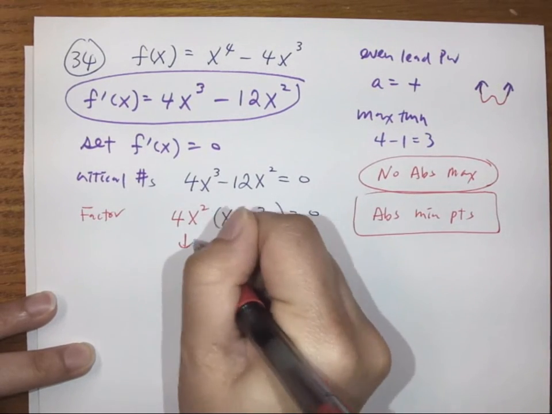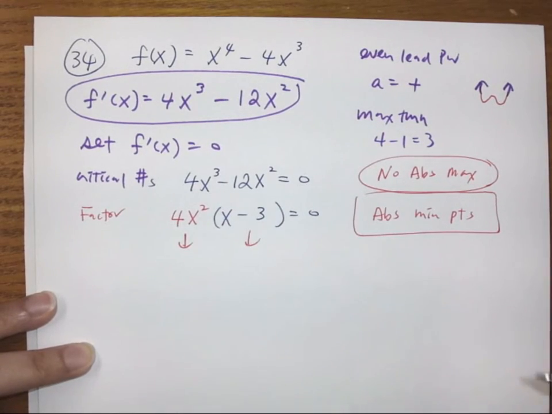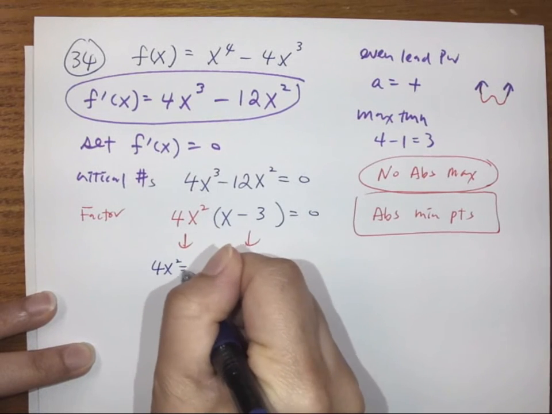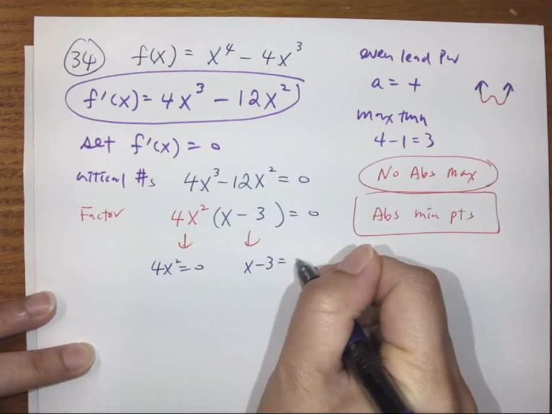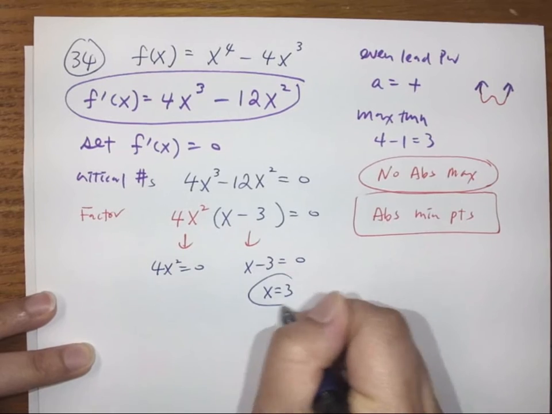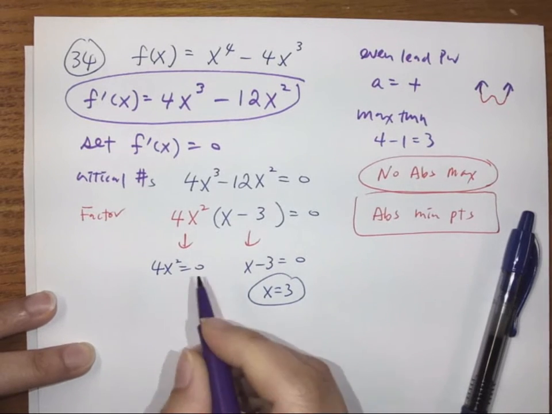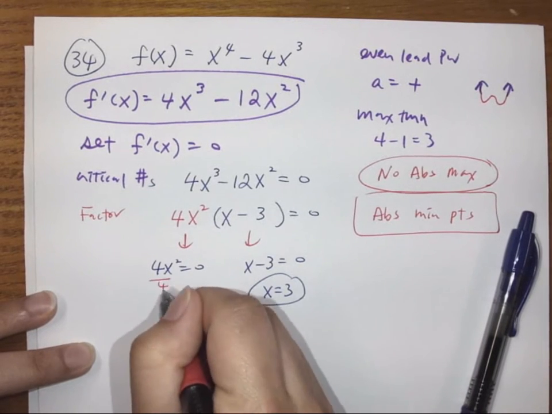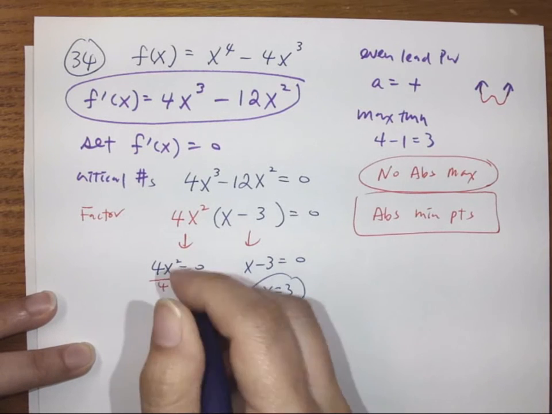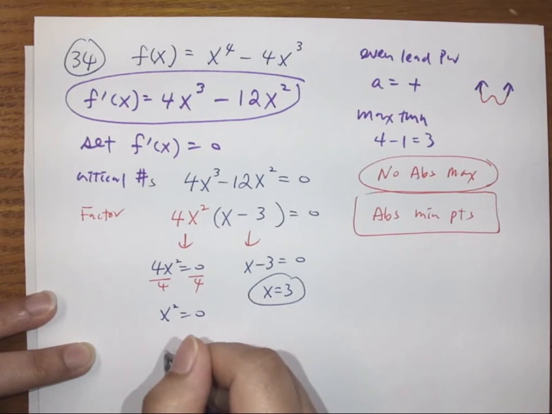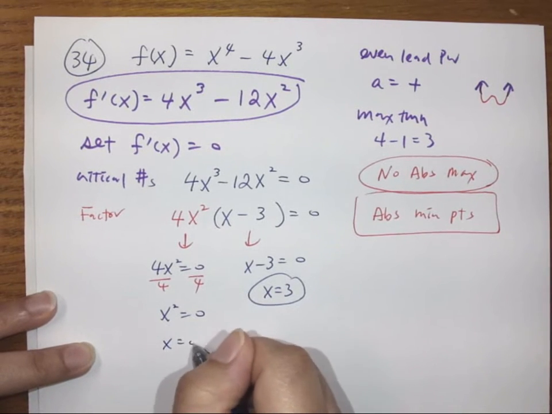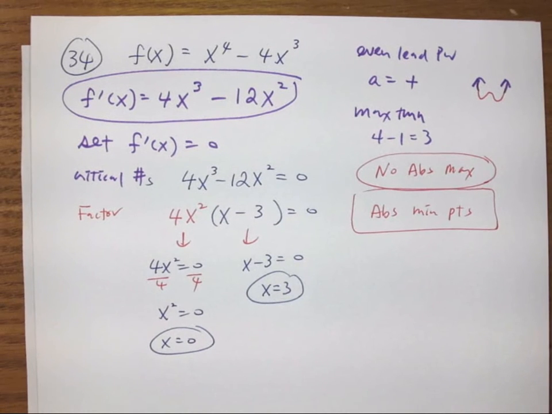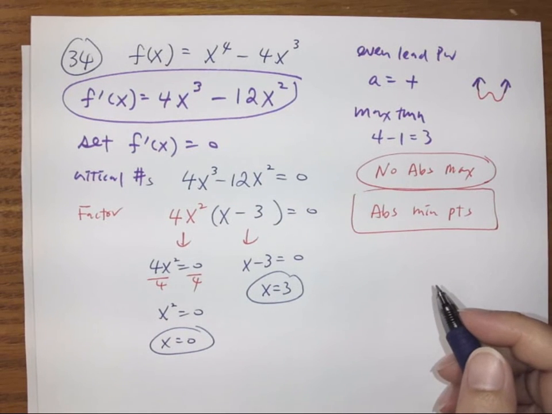So we set each of them equal to 0. 4x squared equal to 0. x minus 3 equal to 0. x equal to 3. Divide both sides by 4. x squared equal to 0. So x basically equal to 0, right? All right, so we have 2 critical numbers.